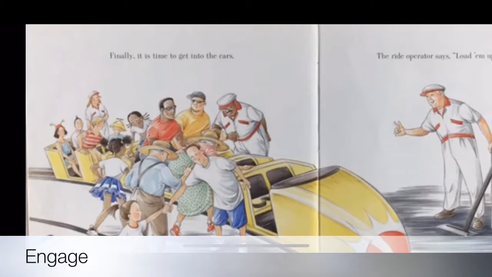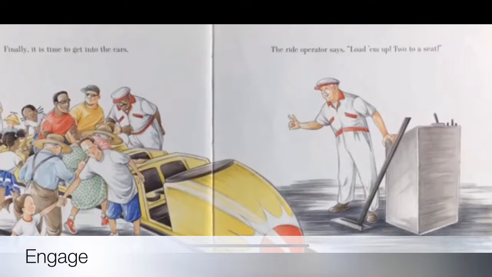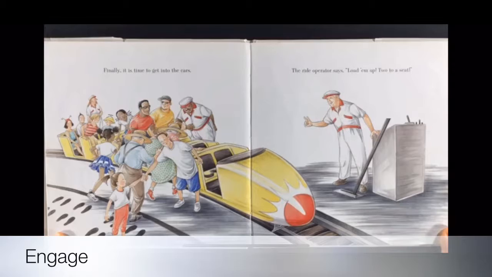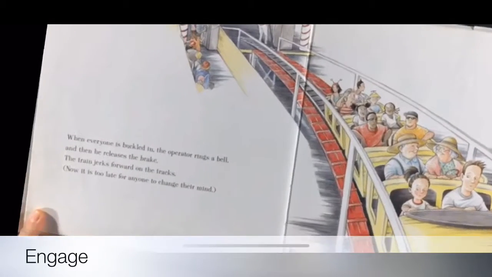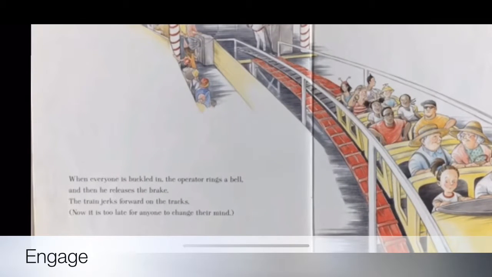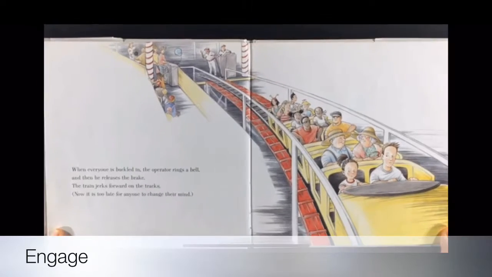Finally, it is time to get into the cars. The ride operator says, "Load 'em up, 2 to a seat." When everyone is buckled in, the operator rings a bell, and then he releases the brake. The train jerks. Now it is too late for anyone to change their minds.